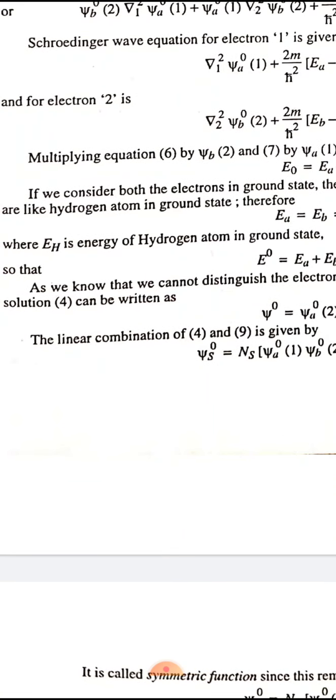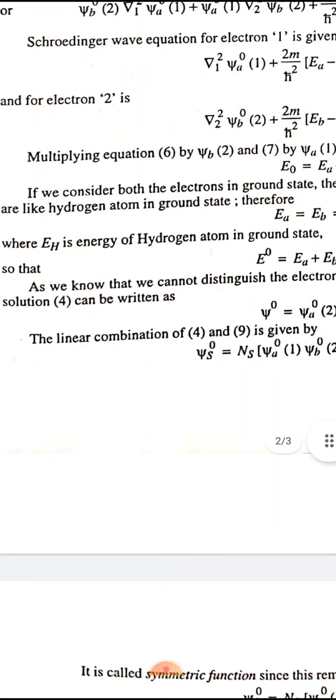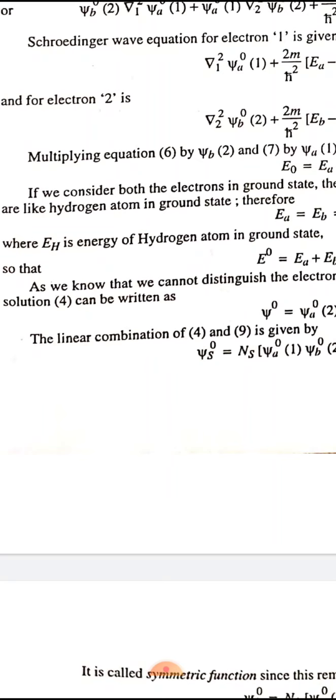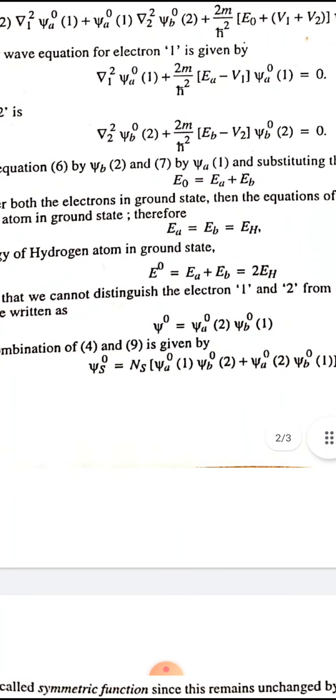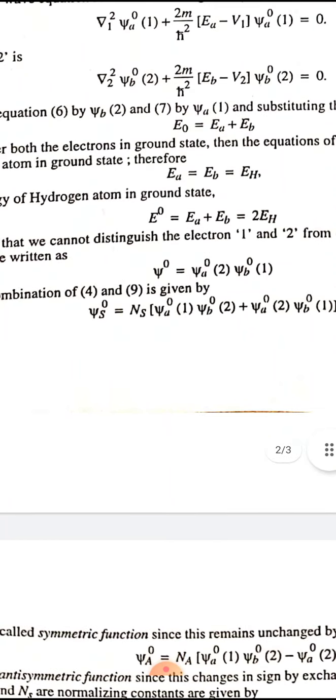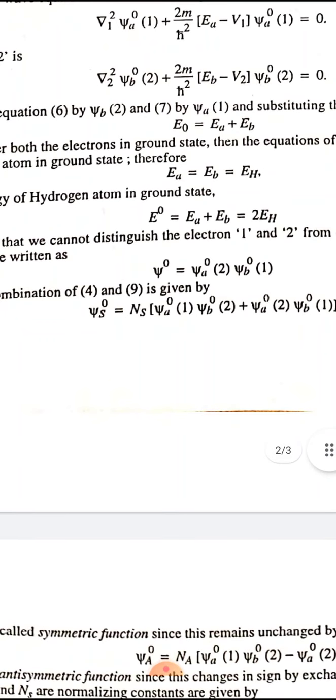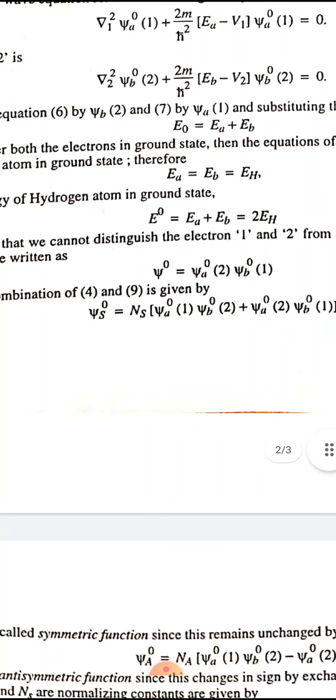If we consider both electrons in the ground state, then the equations of electrons 1 and 2 are like the hydrogen atom in the ground state. Therefore, EA equals EB equals EH, where EH is the energy of the hydrogen atom in the ground state, so that E0 equals EA plus EB equals 2EH.